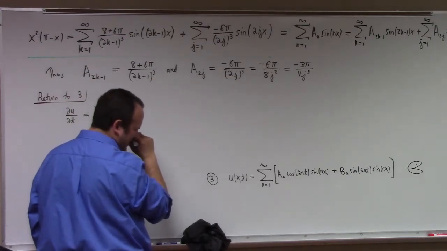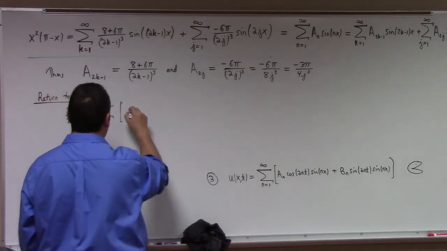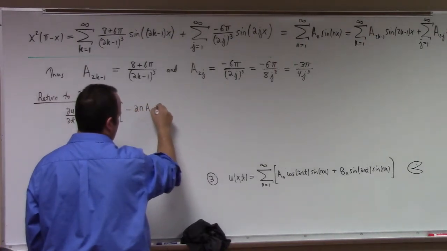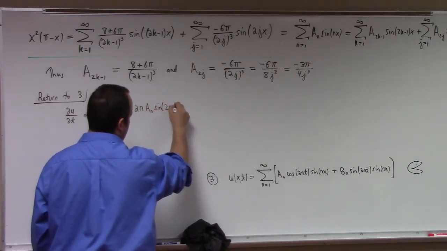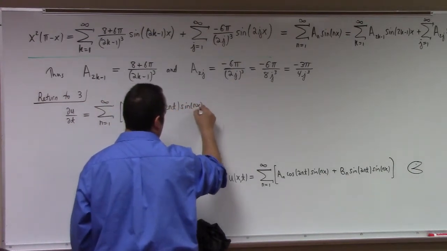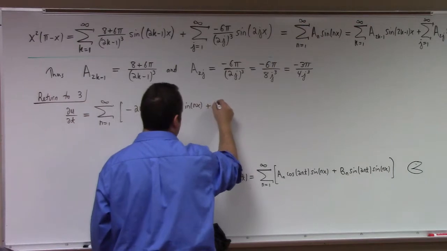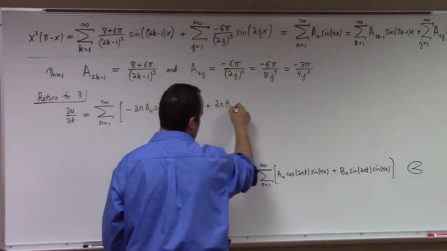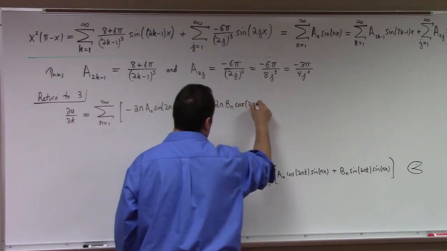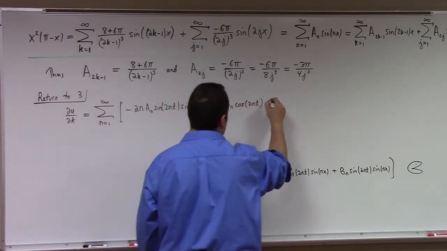Looks like we got a minus 2n a sub n sine of 2nt sine nx plus 2n b sub n cosine of 2nt sine nx.